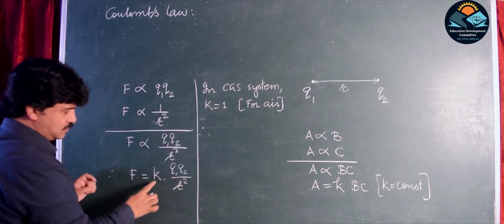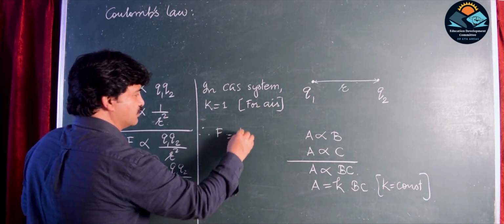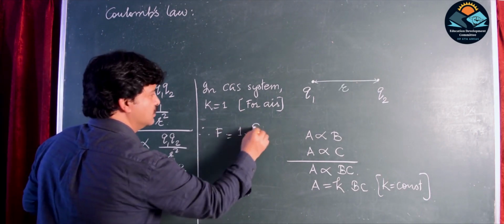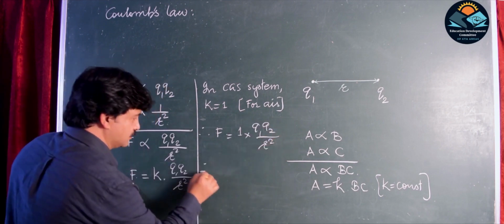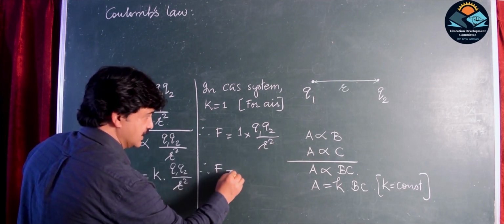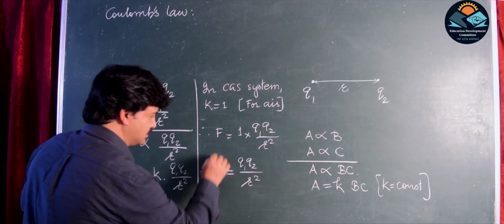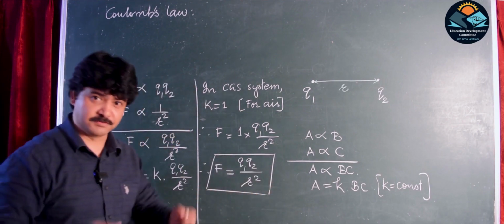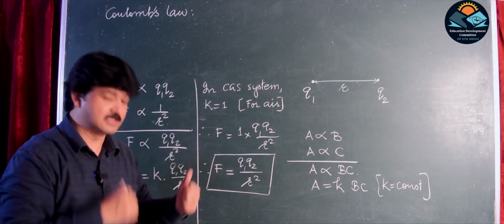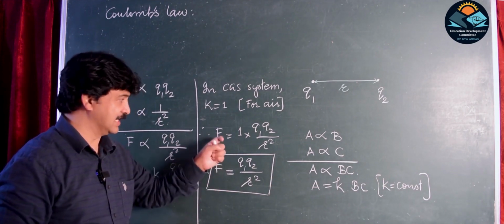When we put K equal to 1, this formula becomes K equals to 1 into Q1 Q2 by R square. So finally F is equal to Q1 Q2 by R square. So this gives us the value of the force of attraction or repulsion between two charges when placed in air.